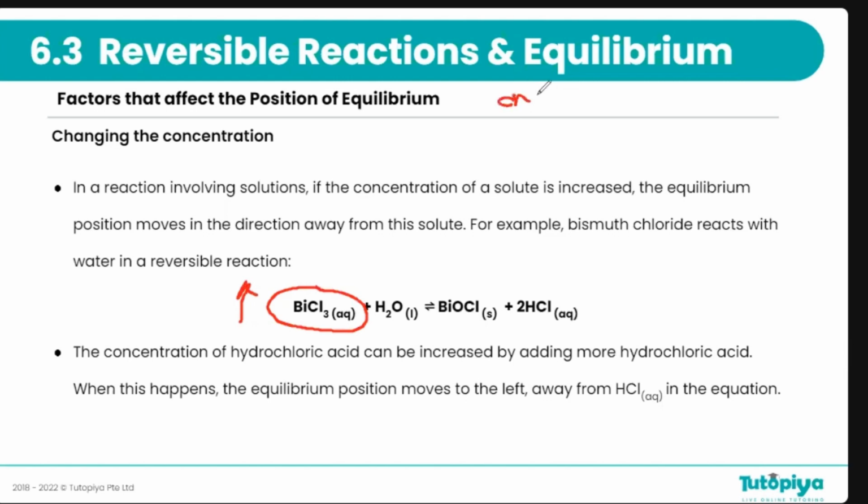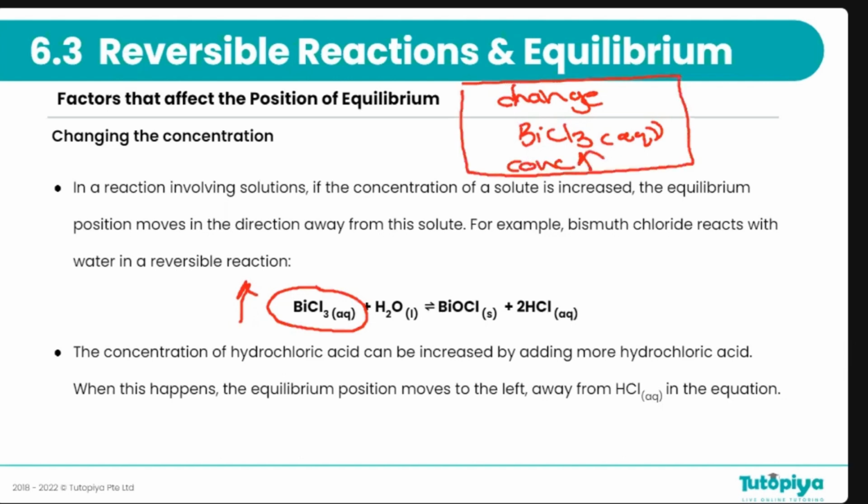So the change that happened is BiCl3 concentration increasing. This is the change. Now, what does the system want? What the system wants is the opposite of the change. The system will always want to counteract this change.